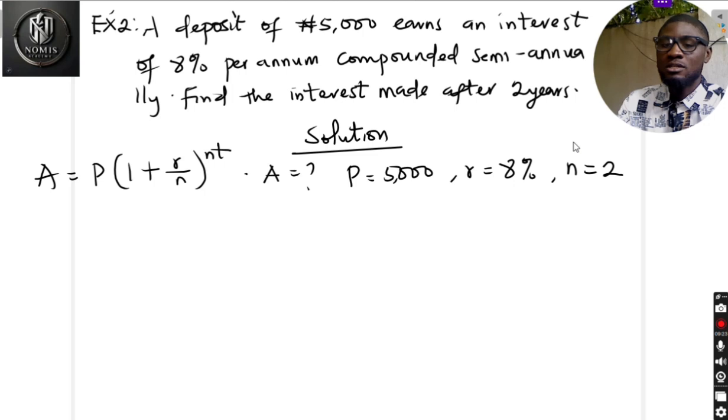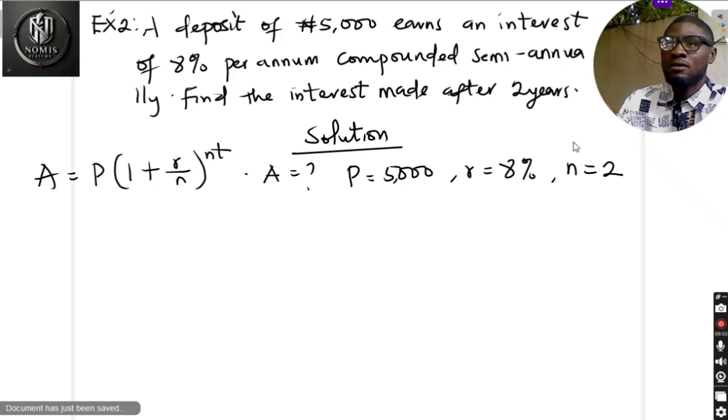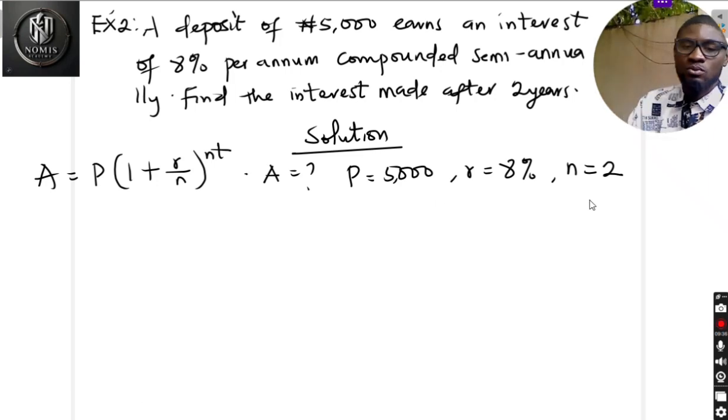From the word semi-annually, it means half a year, so that's 2 times in a year. So n is 2, and the time that the money was invested was 2 years too. So t is equal to 2.